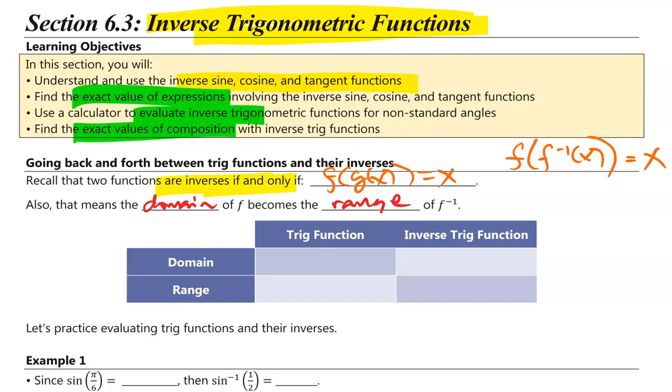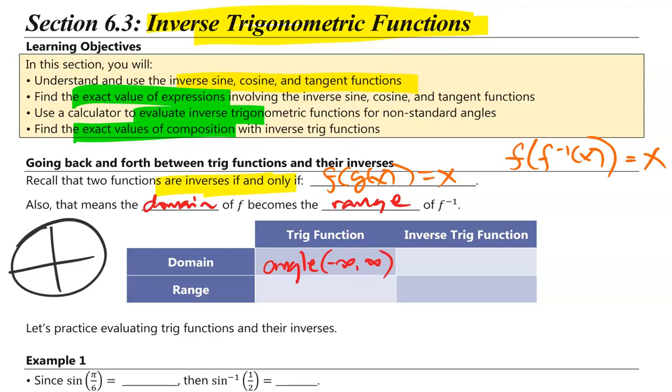So let's recall that from a trig function, the domain, remember from a unit circle, the domain, the x values are the angles, that is from negative infinity to positive infinity. And the range is, since you have the unit circle here, that is from negative 1 to positive 1.